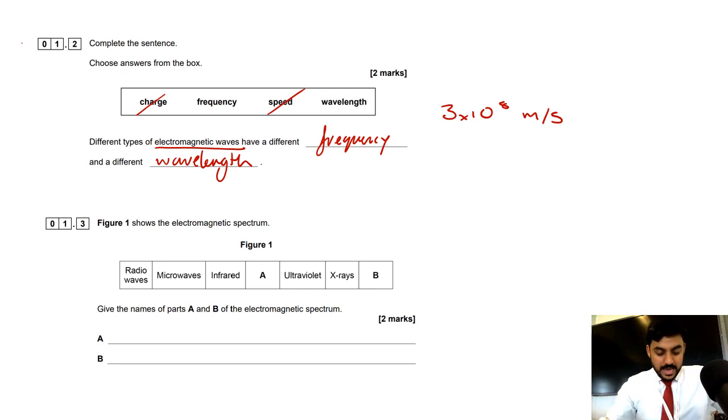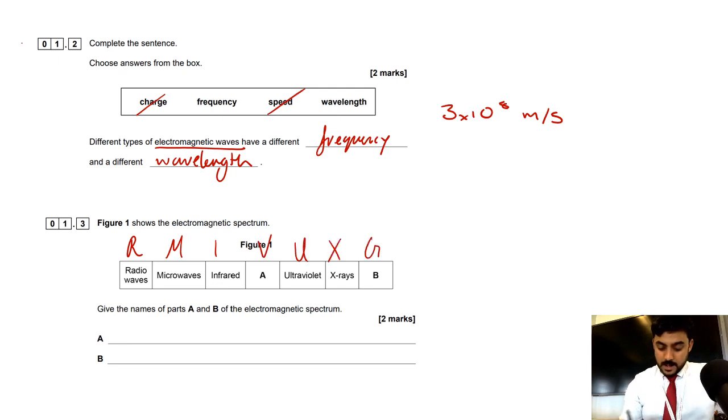Next, we have figure 1, which shows an electromagnetic spectrum: radio waves, microwaves, infrared, something, ultraviolet, X-rays, and then something else. We have to get this right in the right order. Thankfully, I have a mnemonic to remember the order of the electromagnetic spectrum, which is Red Martians Invade Venus Using X-ray Guns.